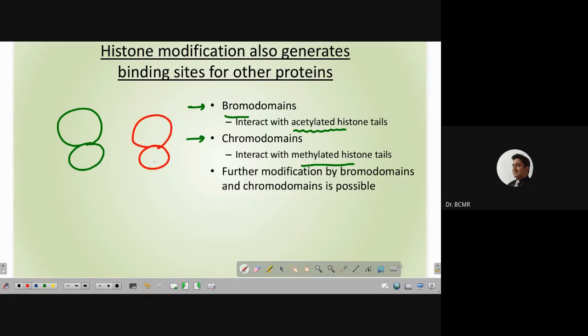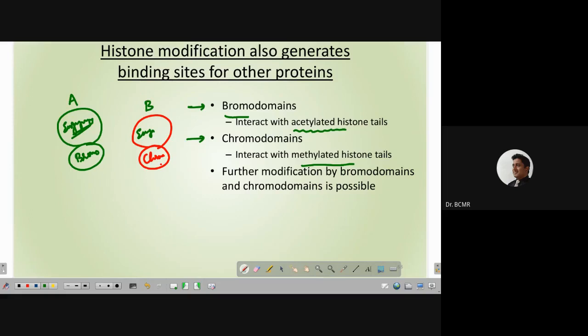Right? I will just put this as chromodomain. This part of it is the domain. This is one domain, and the other one is bromodomain here. Okay? So if there are any acetylated histone tails, then a protein will come which has a bromodomain, and will interact with that. And this is an enzyme which could carry out any of the functions. Many diverse functions are there, which we will discuss later. Right? So you have protein A and protein B. What can protein A do?